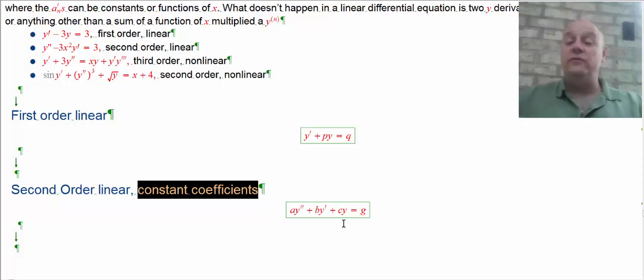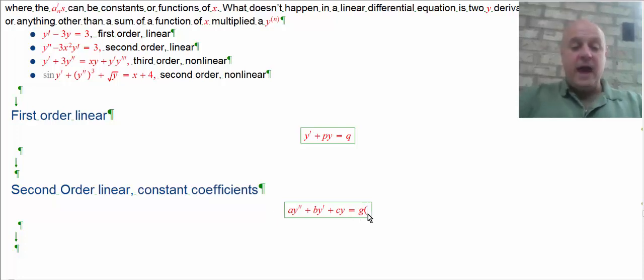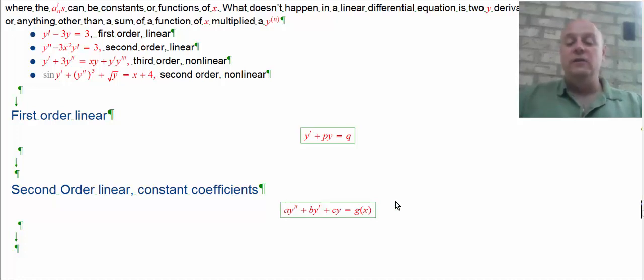The g can be a function of x or t, but a, b, and c are all constants, and we'll learn how to solve all of these equations as well. So classifying them is our first step in deciding which method to choose to solve them.